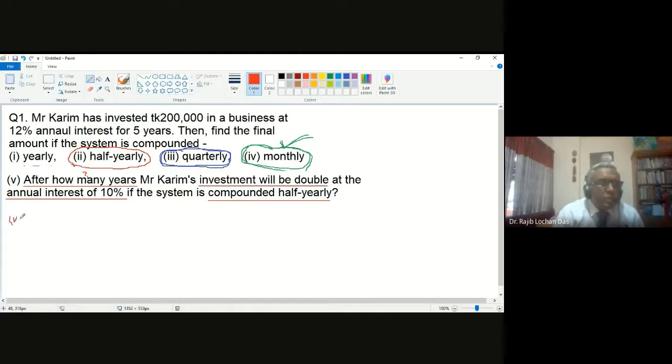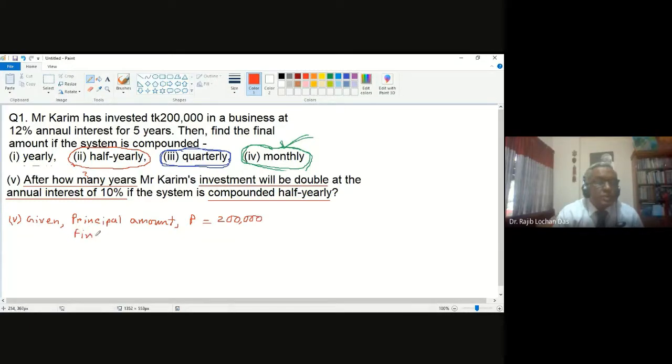So now you arrange the given information here. What is given? Principal amount. This is the first thing. Let me just write this. Principal amount is given, and it is 2 lakh. This is the P value. And then you go to A, that is the final amount.